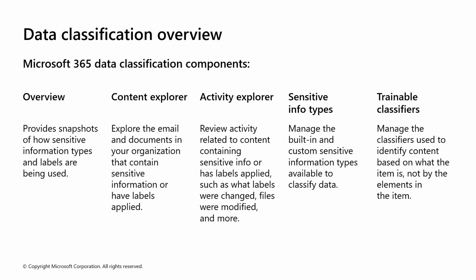And so we're seeing these different components of Overview, Content Explorer, Activity Explorer, sensitivity info types, and trainable classifications are components that we're going to demonstrate to you in this module, and what they can do for you in that whole data governance model as you set it up to control access to the data for Copilot for Microsoft 365. And by protecting your data up front, therefore, the searches will be more relevant, as well as secure, that you're making sure that people are not getting unauthorized access to the data.